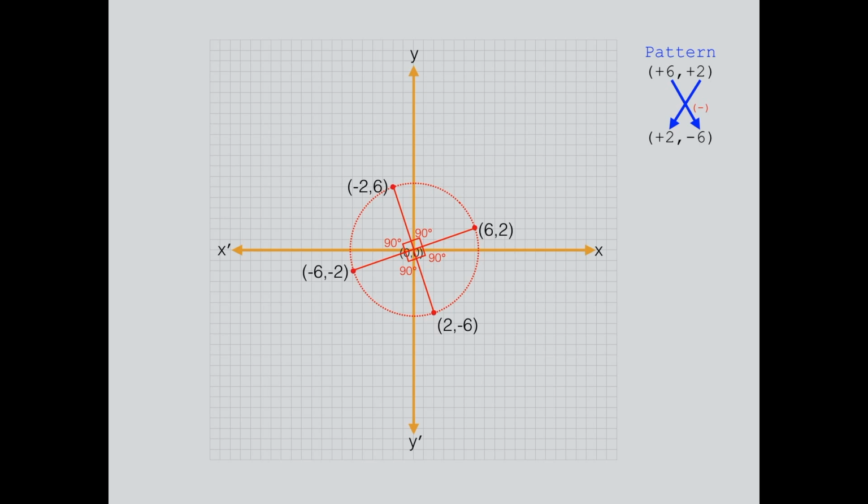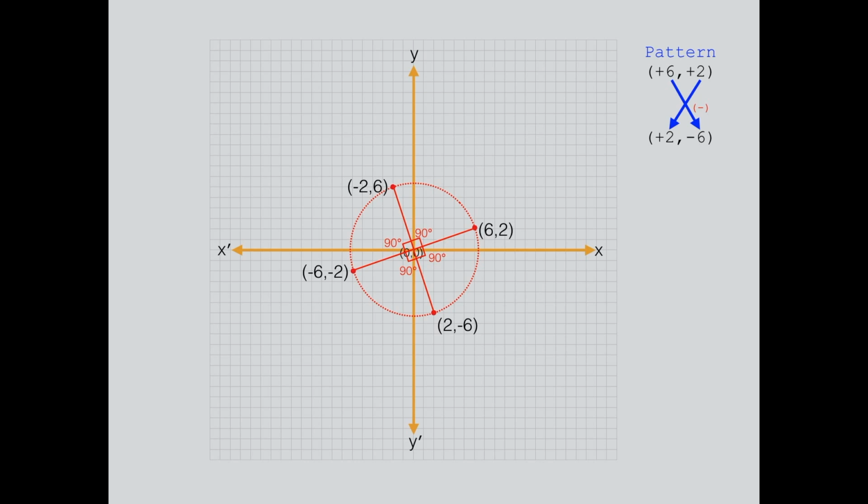Now, another thing I'd like to draw your attention to, just before we continue with our pattern: if you take a look over here, we have 6, 2, and we have negative 6, negative 2. These two coordinates: when we have 6, 2, which is in one of the quadrants, if we were to reflect it exactly diagonally to its diagonal quadrant, remember when I explained reflections in the beginning, we would have it placed exactly diagonally.